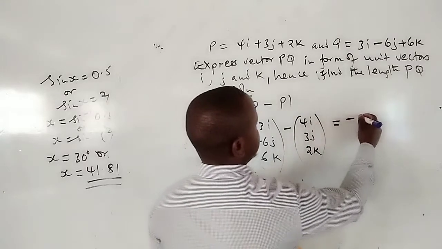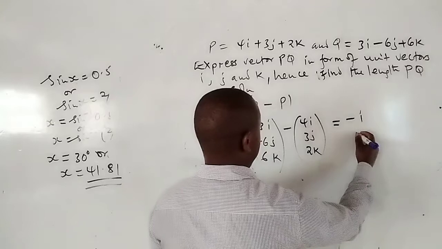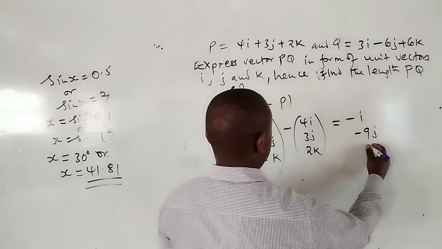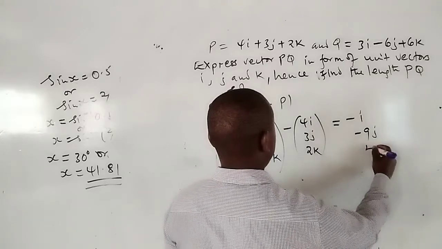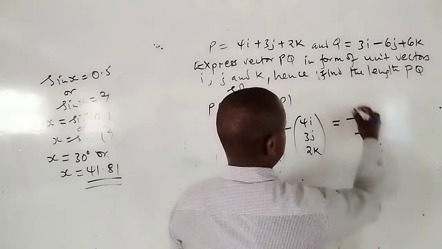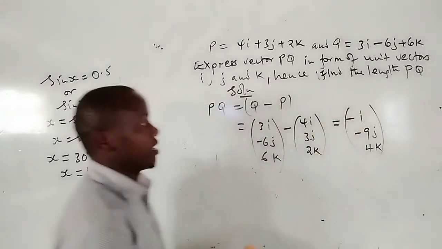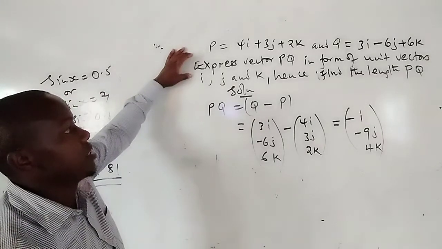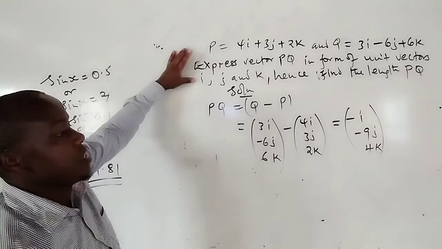This should be negative i minus 9j, then 4k. So that is the position or the vector PQ.